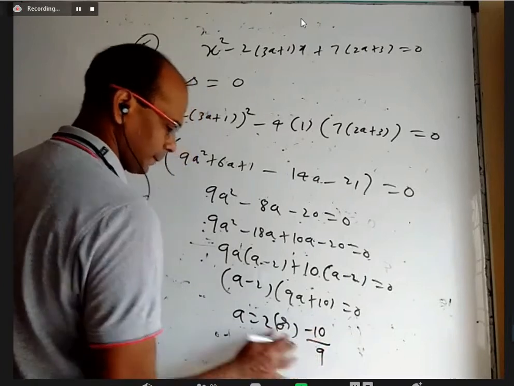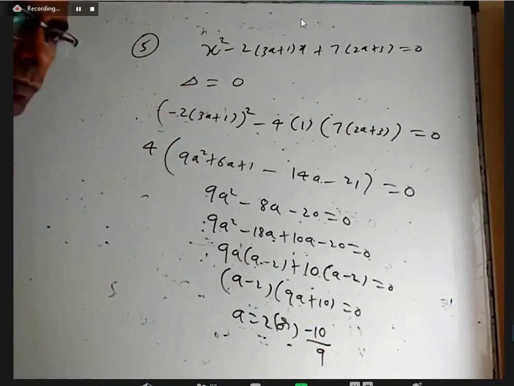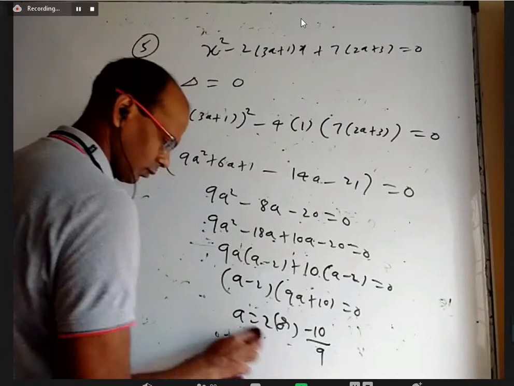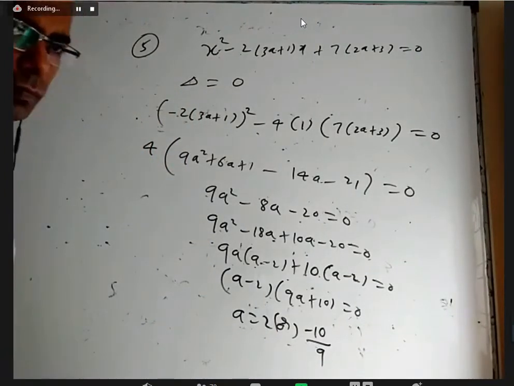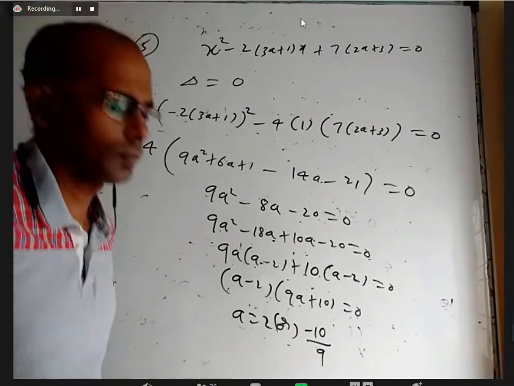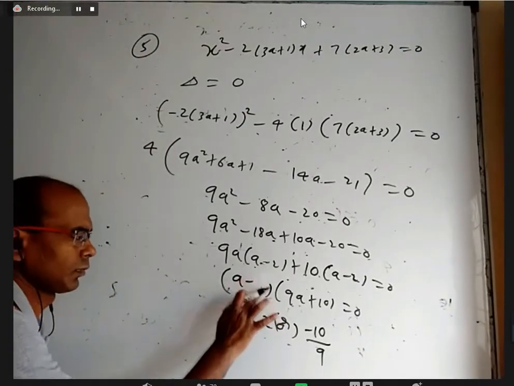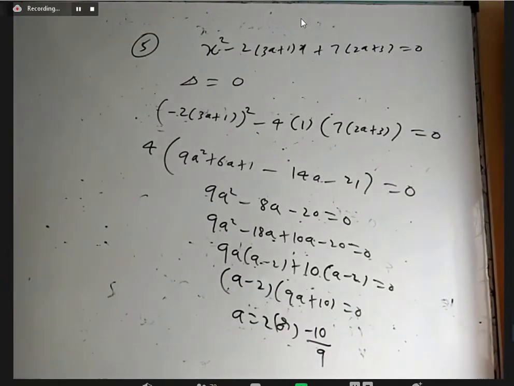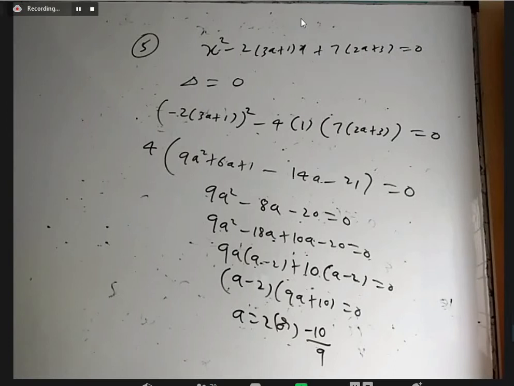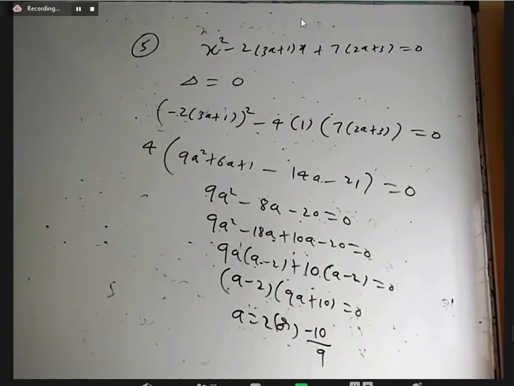Right? Because coincident only means delta equal to 0. We just found delta equal to 0.